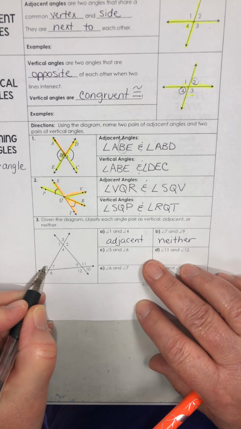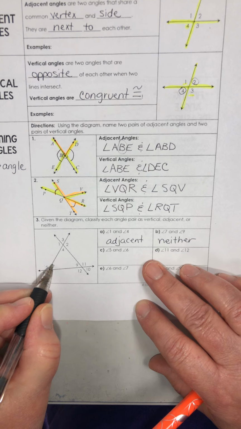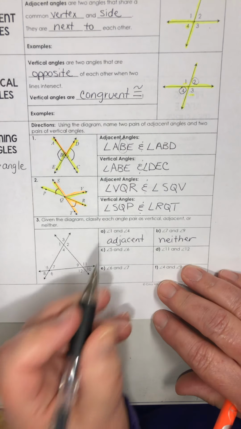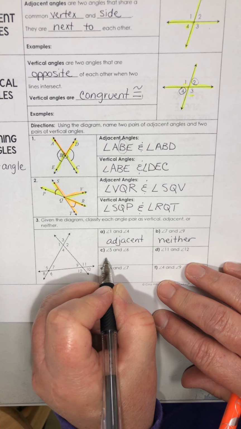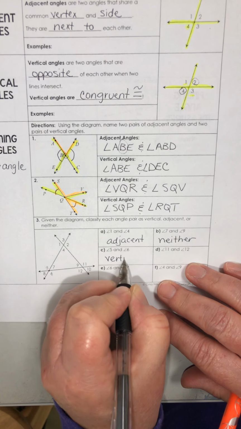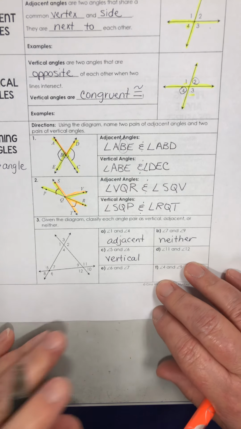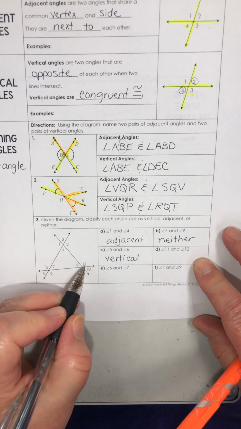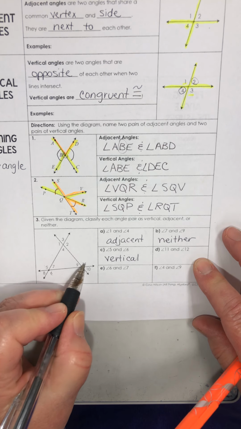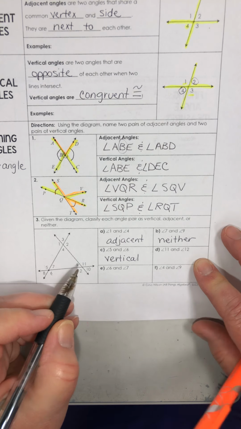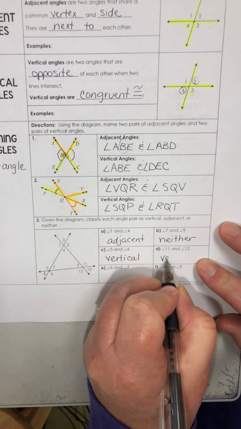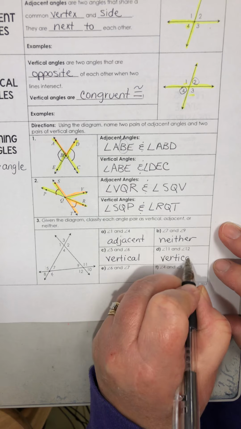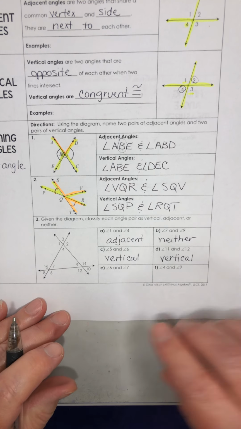See how they're on opposite sides of those two lines right there. So these are vertical angles. Letter D wants you to look at 11 and 12. Again, they're opposite each other. So their relationship is that they are vertical and they are congruent.